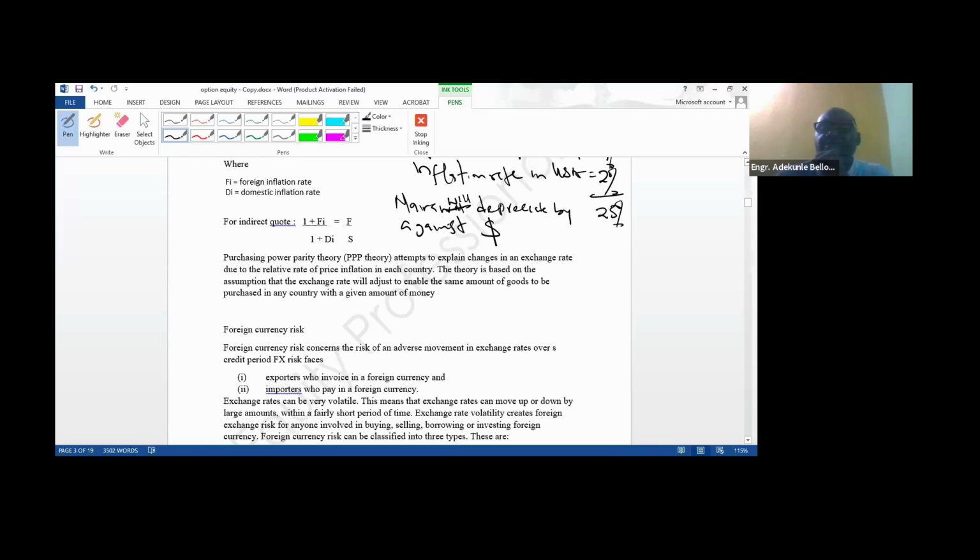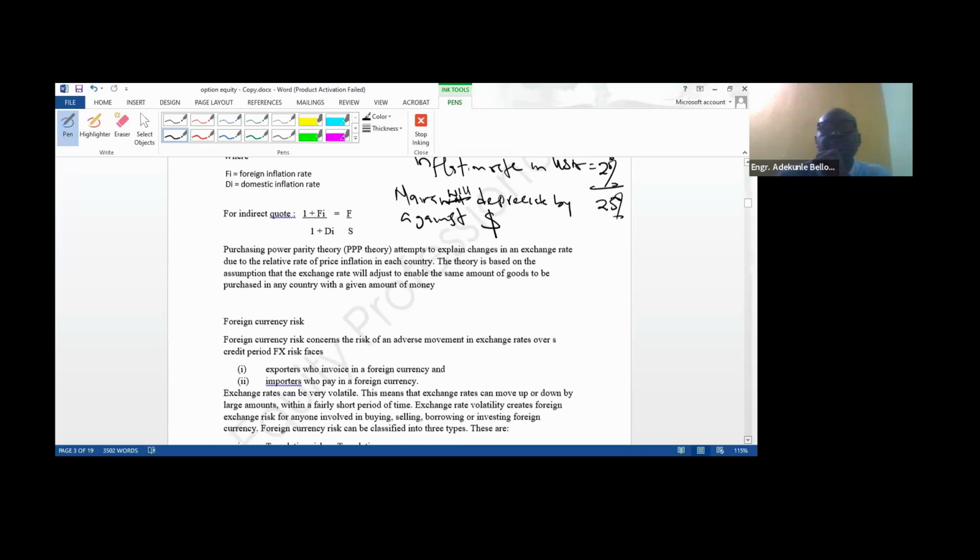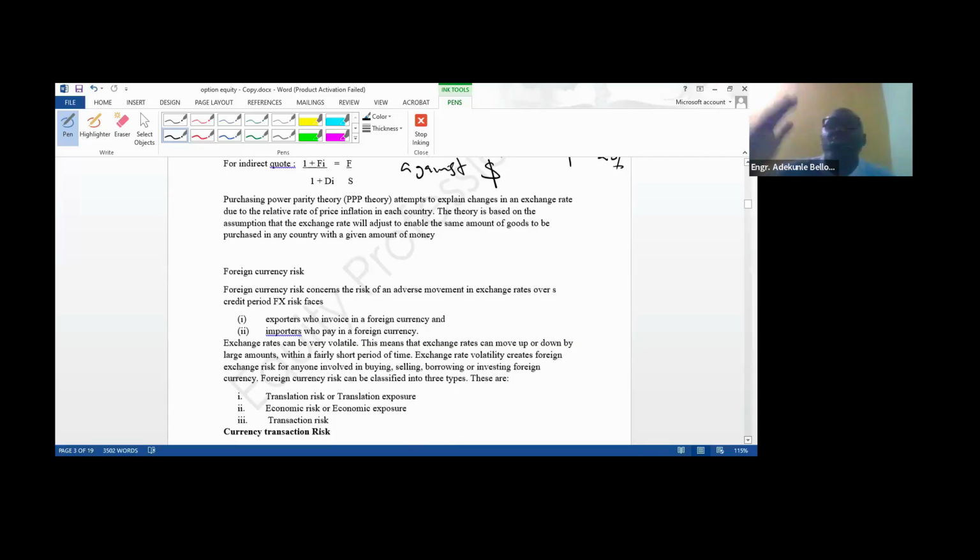This foreign currency risk is what we refer to as fluctuation in exchange rates, volatility in exchange rates.